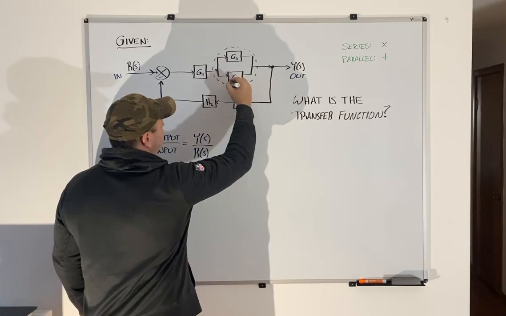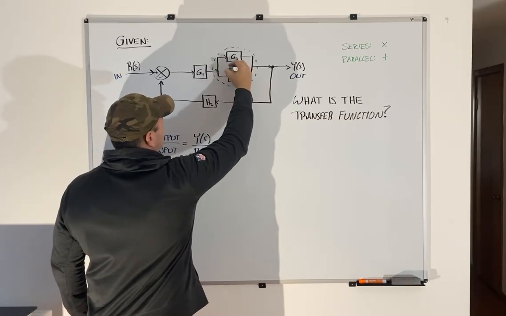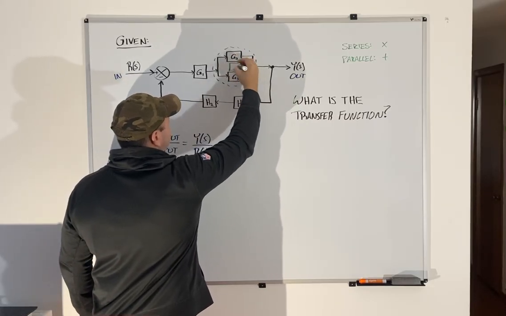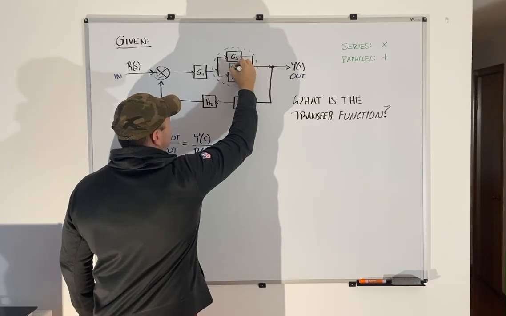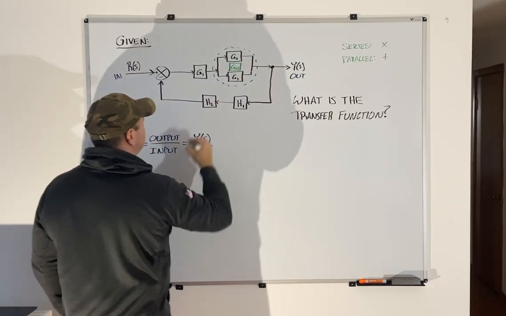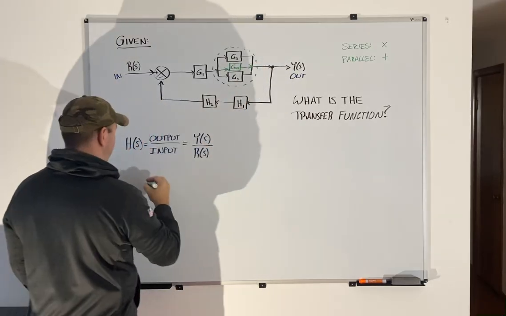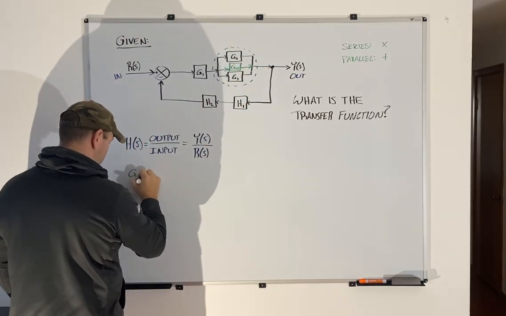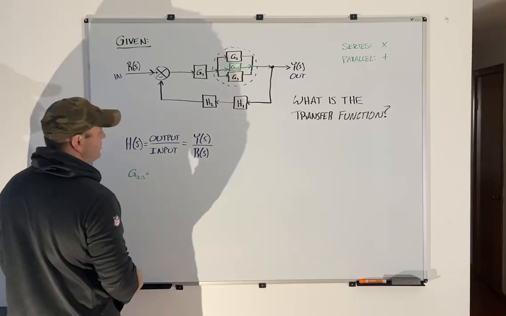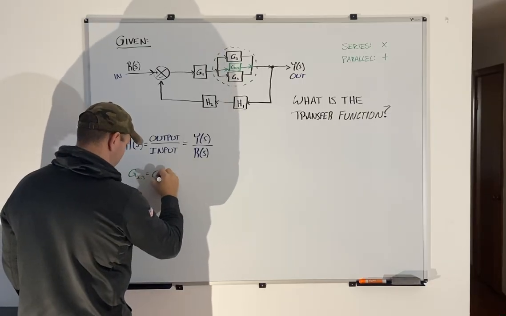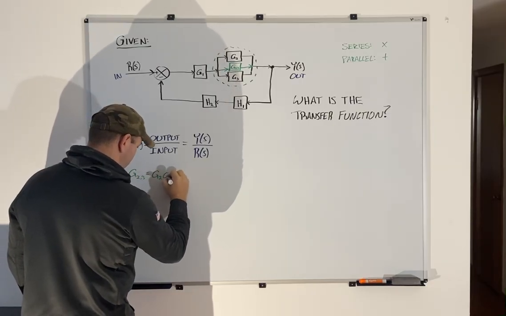That the new block, I'm going to call G2,3. G2,3 is equal to G2 plus G3.